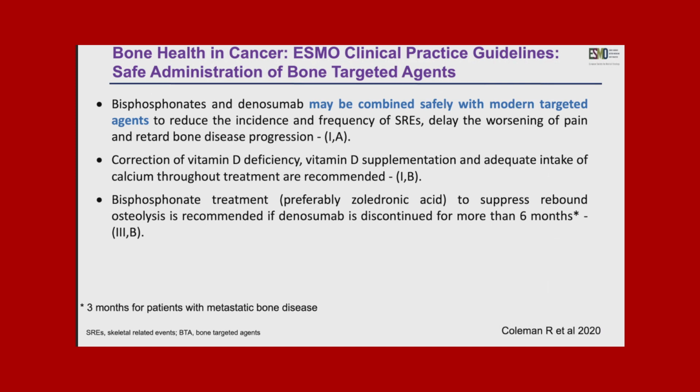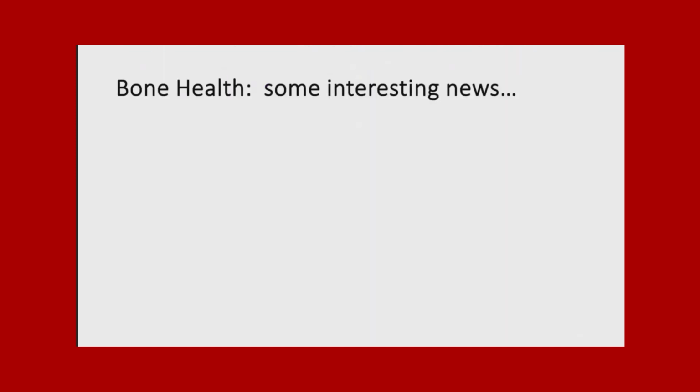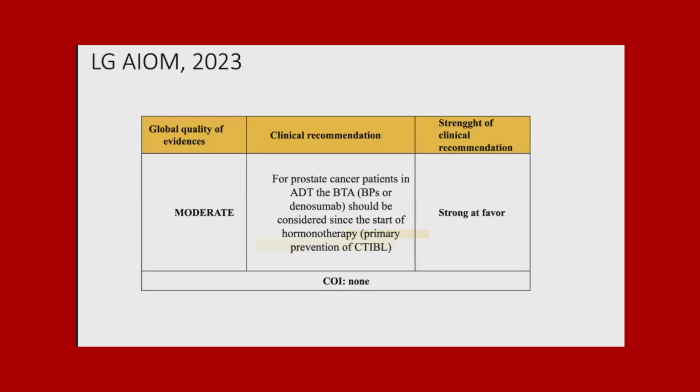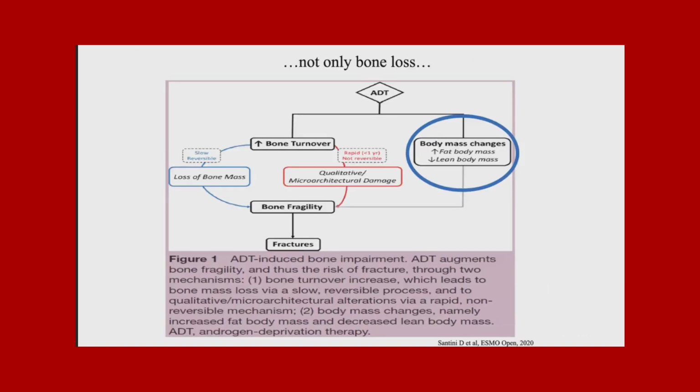related to stopping denosumab. But there are also some interesting news about bone health in prostate cancer patients. For example, for prostate cancer patients treated with androgen deprivation therapy, bisphosphonates and denosumab should be considered since the start of hormonotherapy for primary prevention of cancer treatment-induced bone loss.